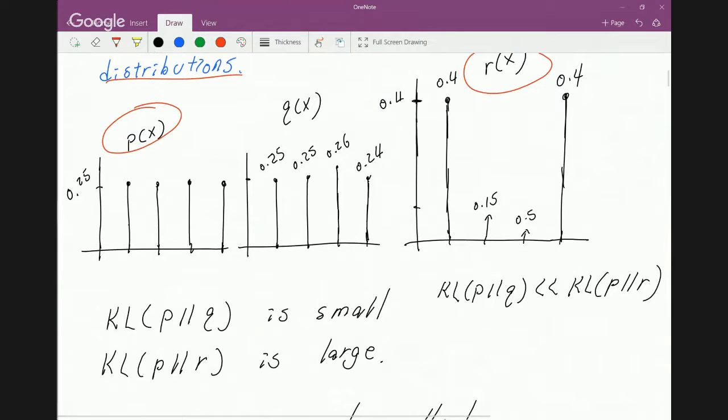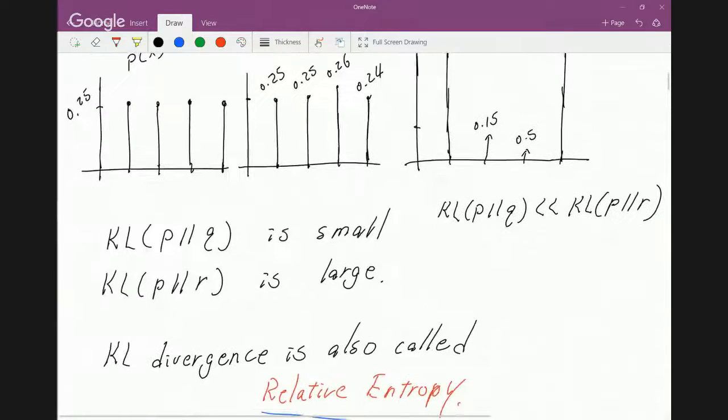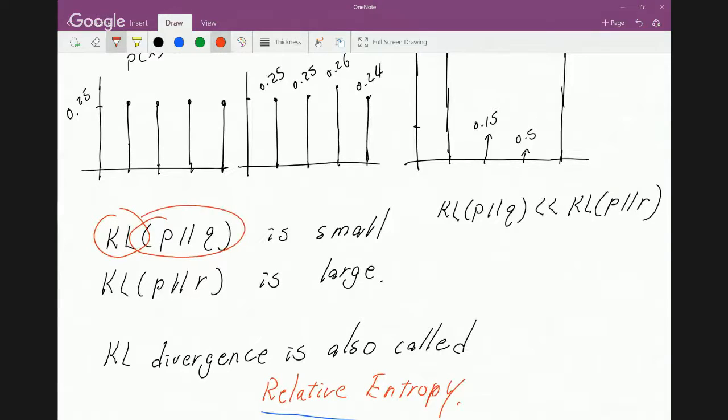Now, when you want to write KL divergence, what you do is you write KL of P and Q. The way you see it is like the KL divergence with respect to P against Q. Now, this will become a very important concept later.